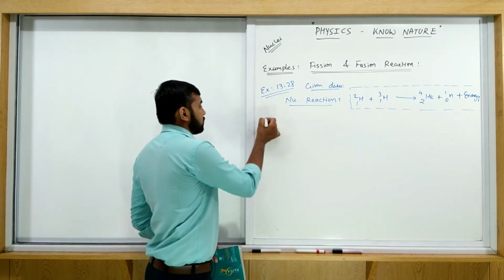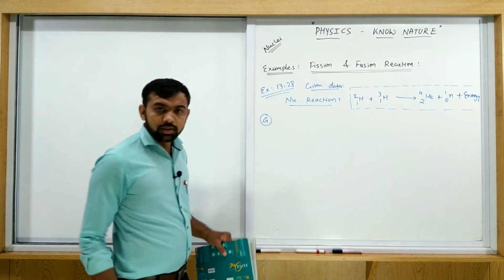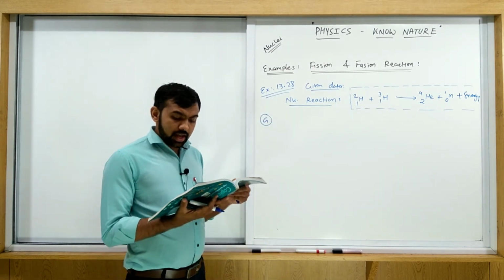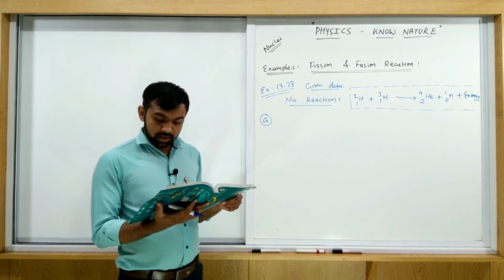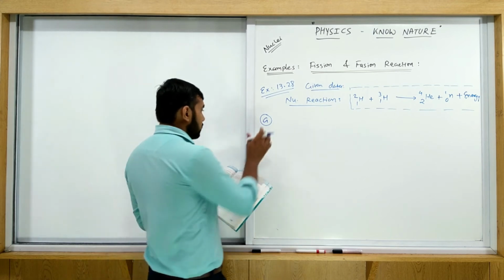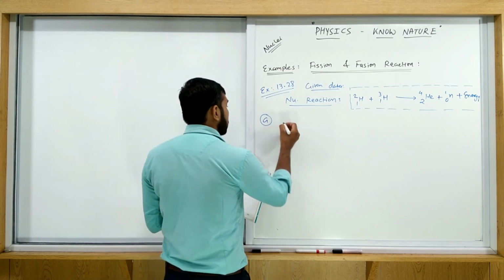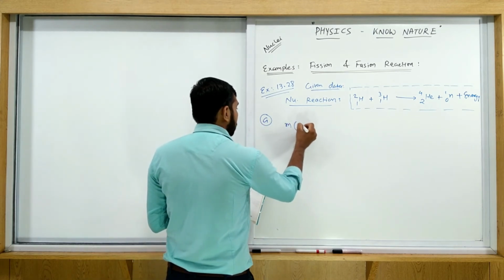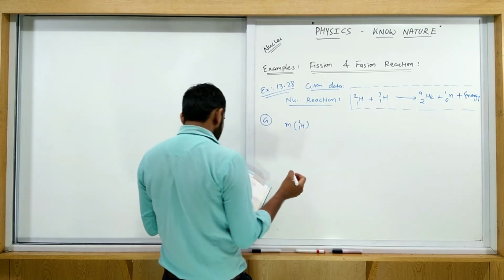Let us discuss first A. The first problem: calculate the energy released in MeV from this reaction. The given data in A is the mass of deuterium.